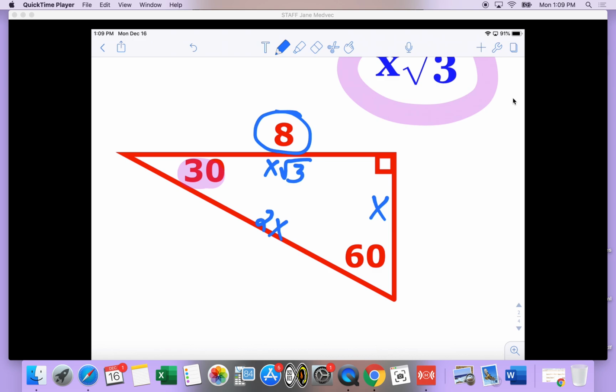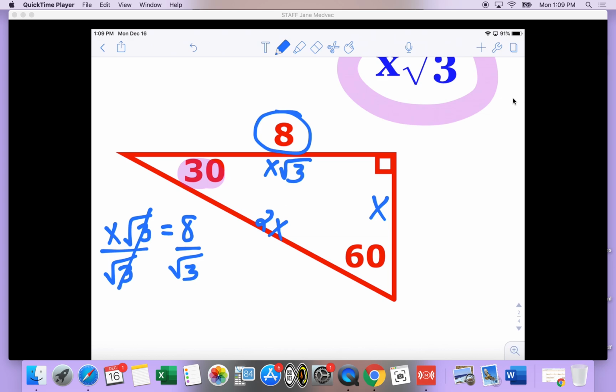I've got the measure to that. But I need to solve for what? X. And it's not real easy, is it? So I'm going to come off to the side, and I'm going to go x root 3 equals 8. And I want x by itself, so I'm going to divide by root 3.